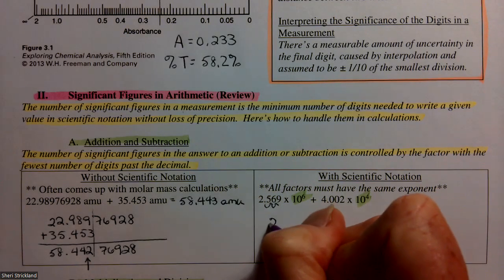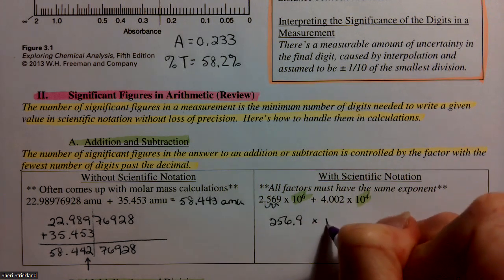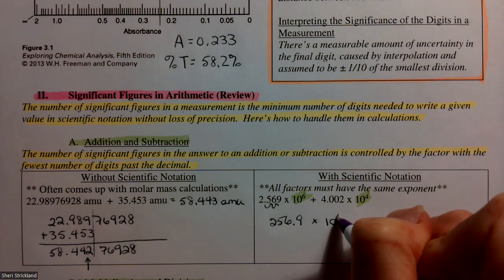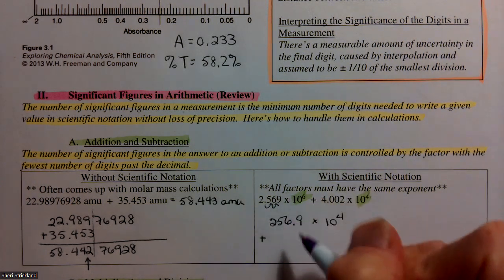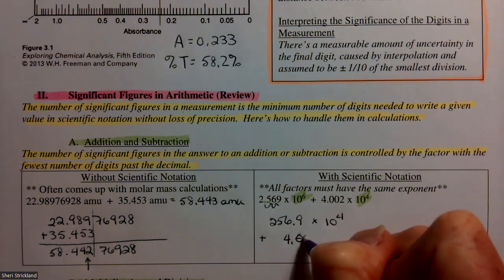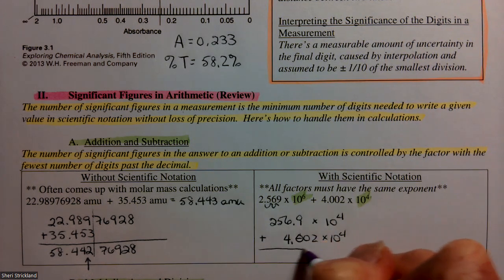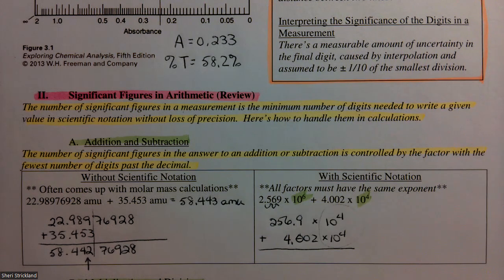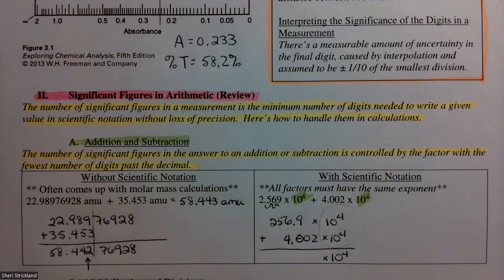So this is 256.9 times 10 to the 6th. I'm sorry, times 10 to the 4th plus 4.002 times 10 to the 4th. All right, so since these are both the same, that will be the exponent here, at least for the moment.